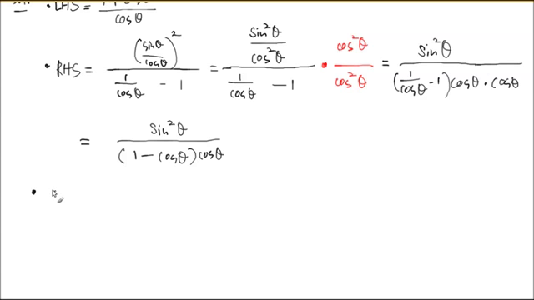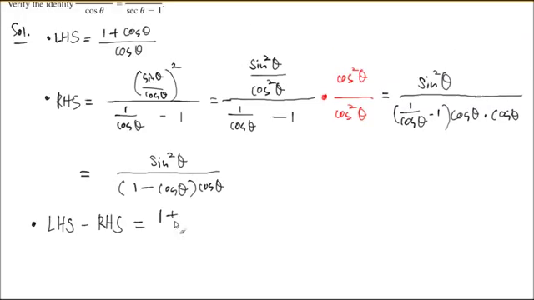All right. So this is the version for those people who don't see that. Left-hand side minus right-hand side. So left-hand side is what? 1 plus cosine theta over cosine theta, minus right-hand side, sine squared theta over 1 minus cosine theta times cosine theta.